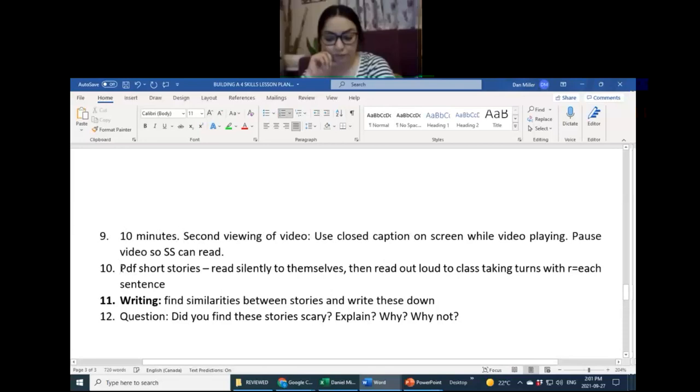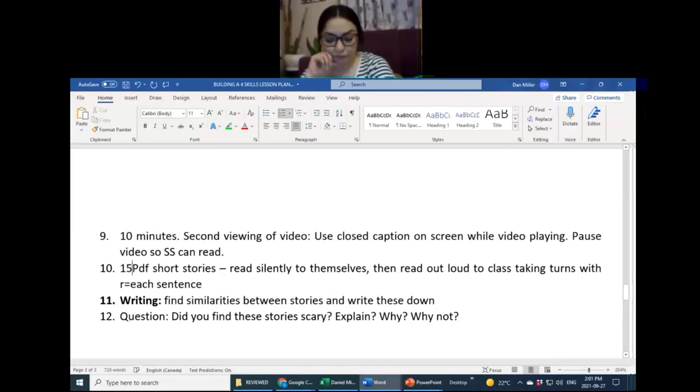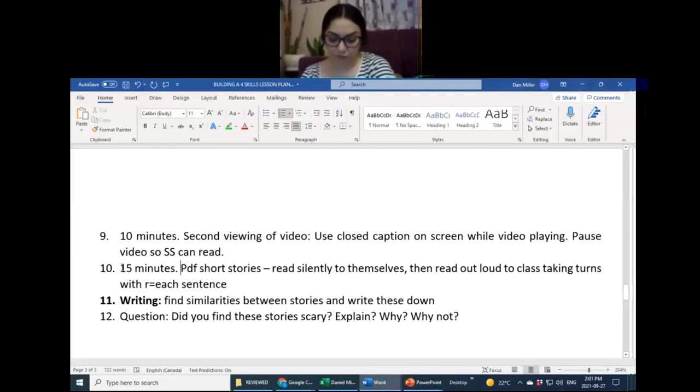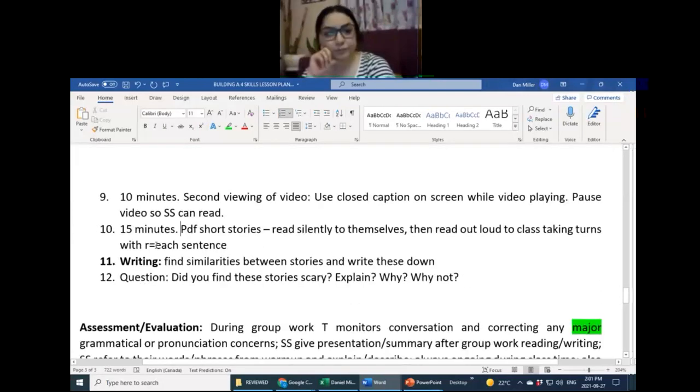The PDF, we've got short stories. You might have 15 minutes allocated to that. Then you get into the writing, you might have 15 minutes allocated to that.